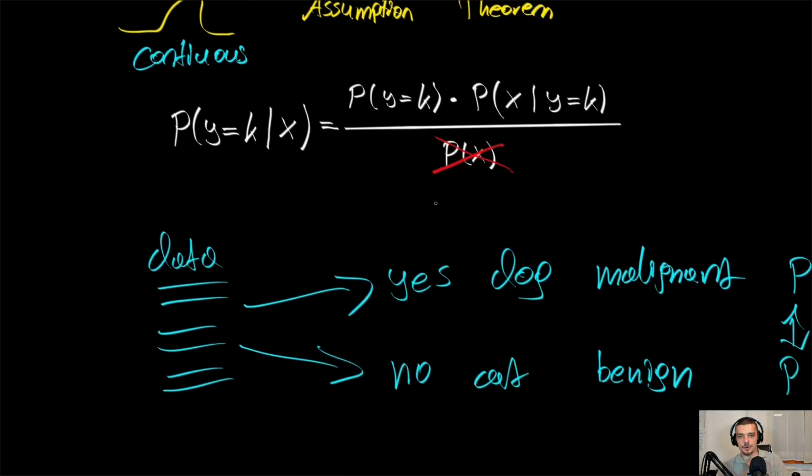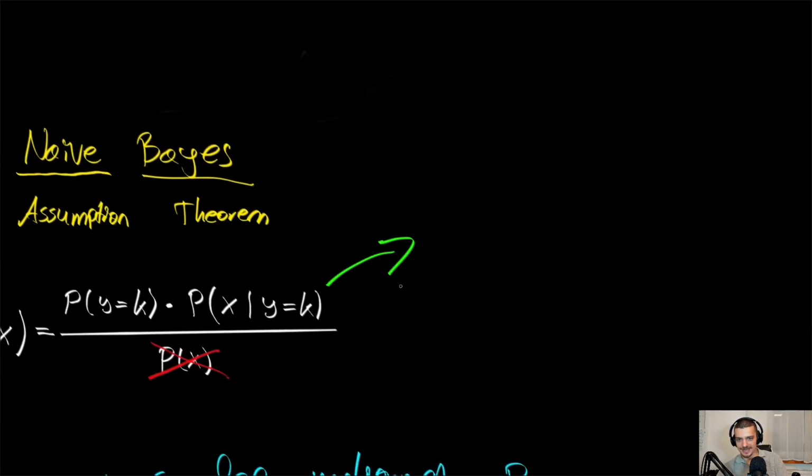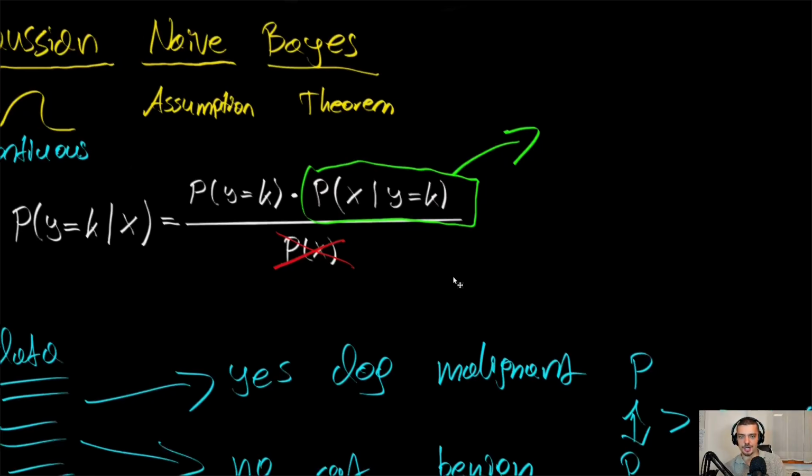Now, in addition to ignoring that, we also make a naive assumption. The naive assumption is that this thing here, in reality, is going to be quite complicated. Because if I know the class y is equal to k, then the probabilities of the individual features are not independent.